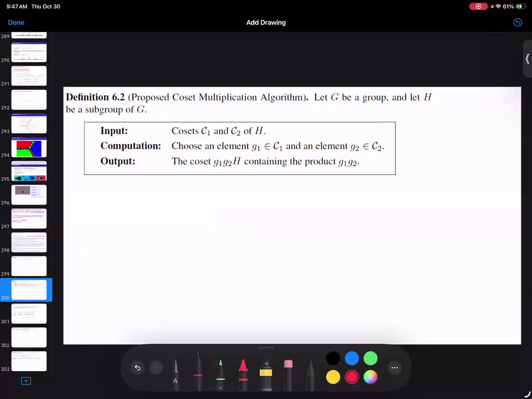So let's look at a specific example. We have Z mod 12Z. Let's take the cosets 3 plus 12Z and 8 plus 12Z. We need an element in each one of these. Can somebody give me an element in 3 plus 12Z?